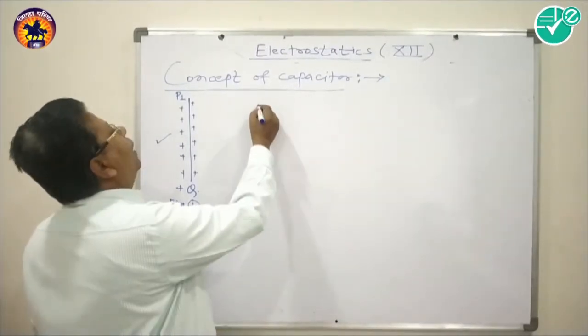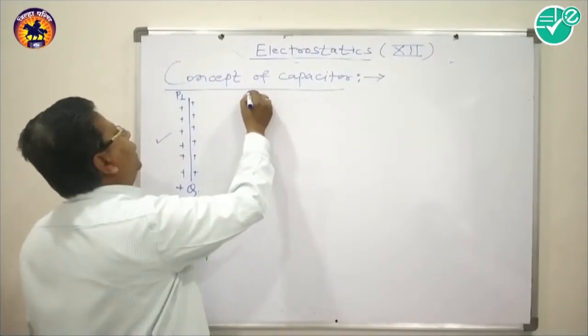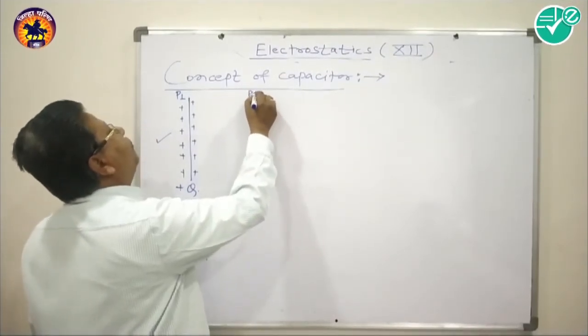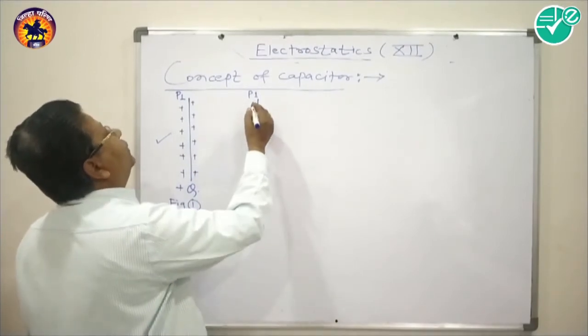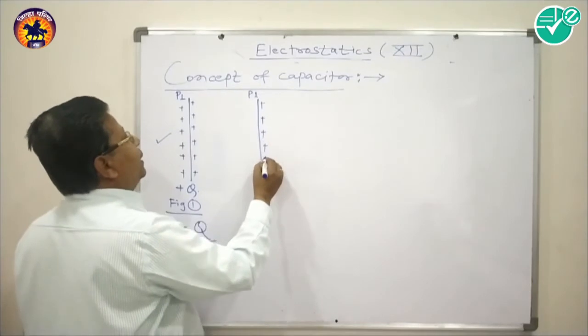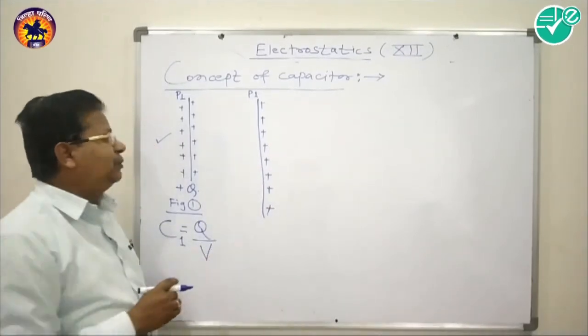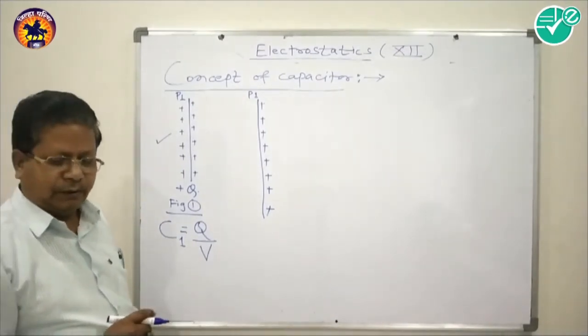Now, initially we have taken the metal plate P1, which is an insulated metal plate, and on this metal plate positive charges are deposited.